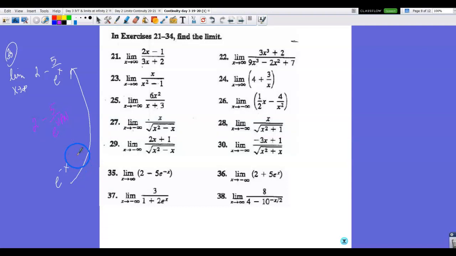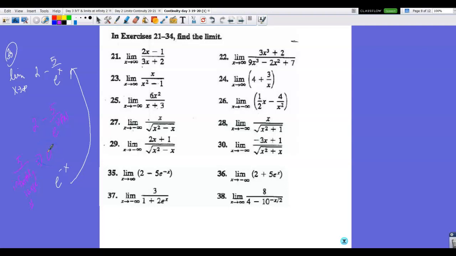Now let's think about that. If we raise e to an infinite power or infinitely large number, I have 5 divided by an infinitely large number. So if I take the number 5 and divide it into infinite parts, that fraction approaches a value of 0.